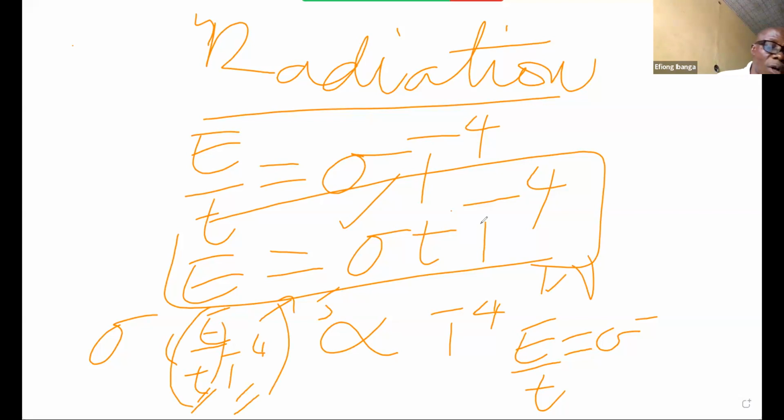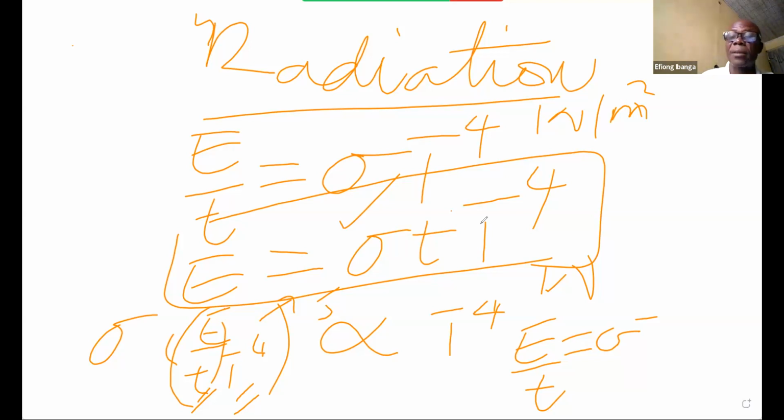It's going to be watts per square meter per Kelvin raised to power 4. So in other words, we also have to talk about the area, which is suggested.